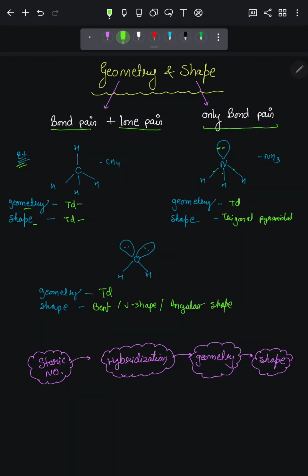As we have studied before, it has tetrahedral geometry. And for calculation of shape, we only consider bond pairs, so only these 3 bonds are considered. So it has a trigonal pyramidal structure. This is the trigonal pyramidal structure.